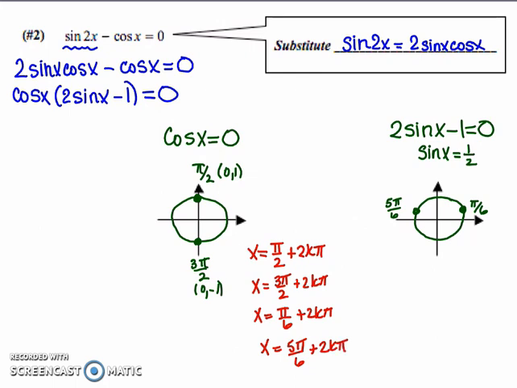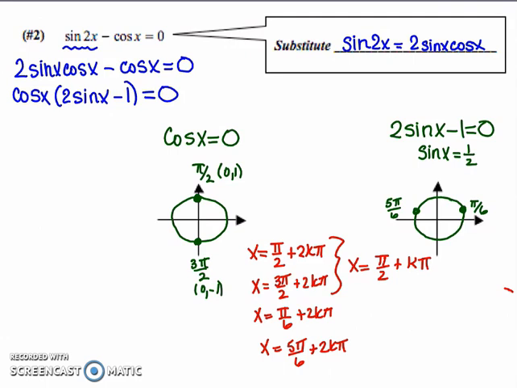But what I want you to notice here is that our first two solutions, pi over 2 and 3 pi over 2, are always pi apart from each other. So we can condense this down and say that both of these could be represented by x equals pi over 2, but instead of adding 2k pi, we would just add k pi, because every pi units, we will have another solution for that cosine x equals 0.